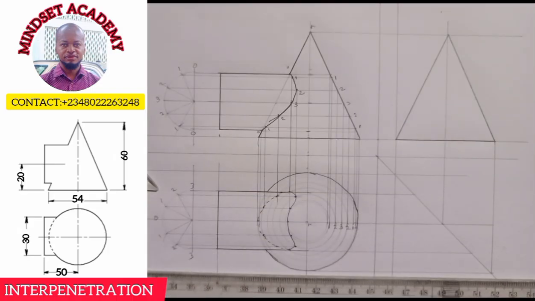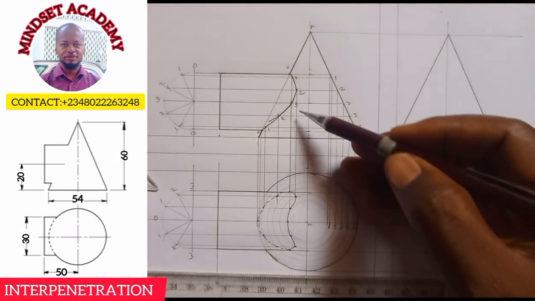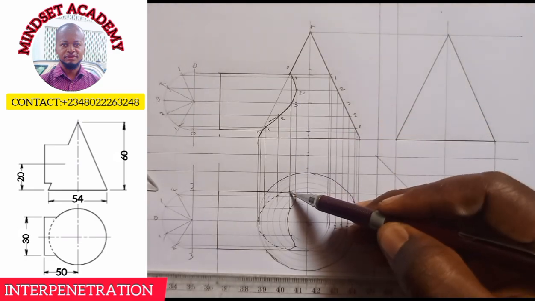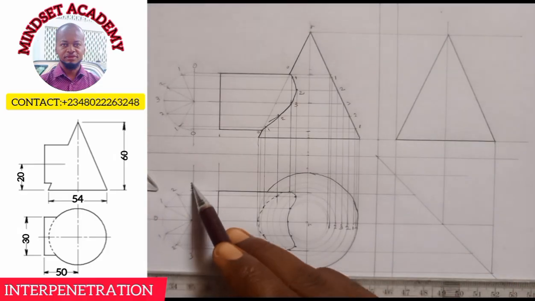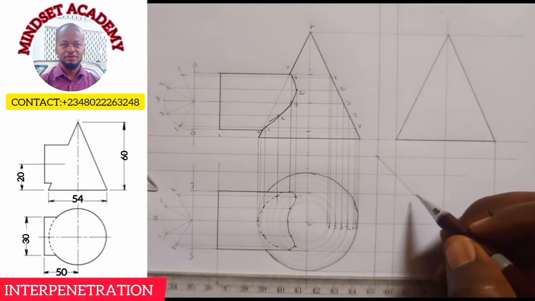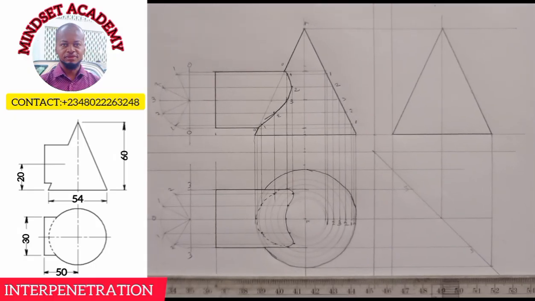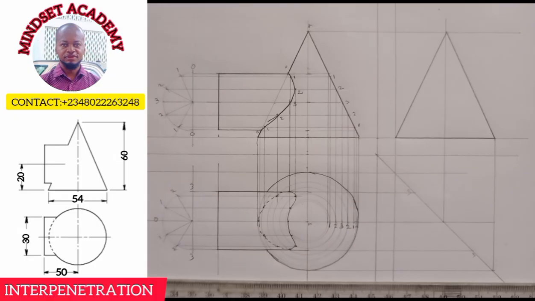Remember that if you look at it carefully, that is the line of 3. Look at this 3 here, and this also 3 here. You can see that? So meaning this point is 3, and this point here also is what? Is 3. And I'm going to project it up. I'm going to do what? Project it up.